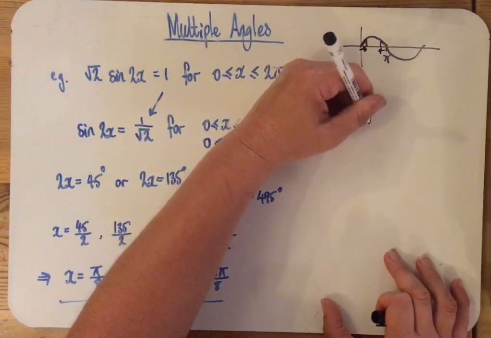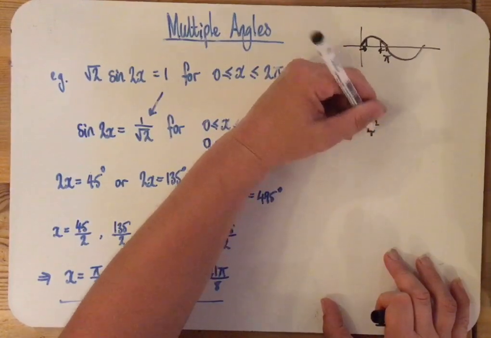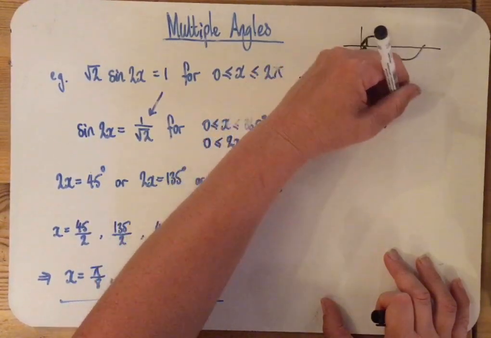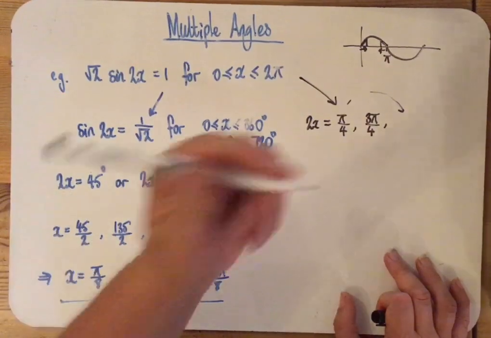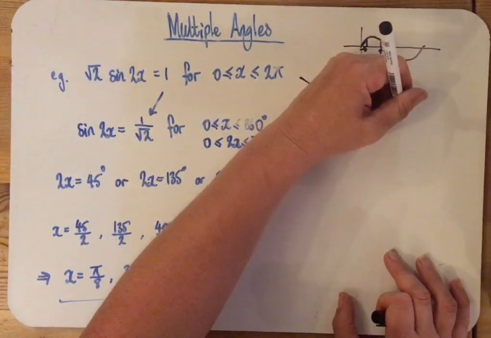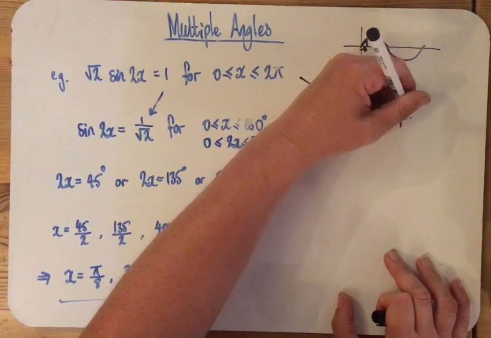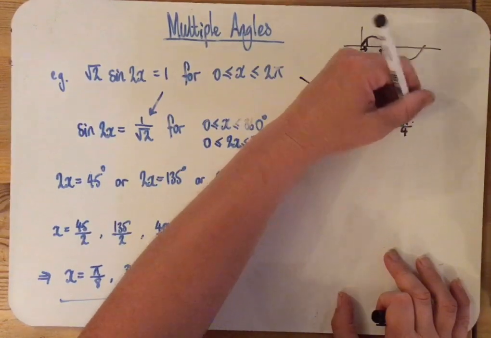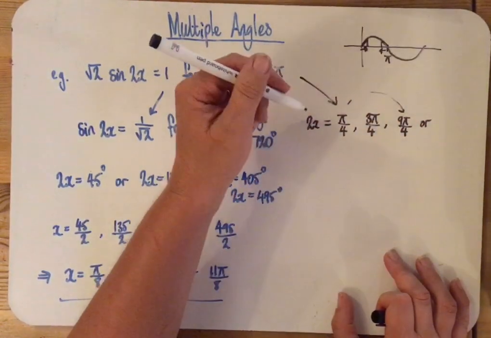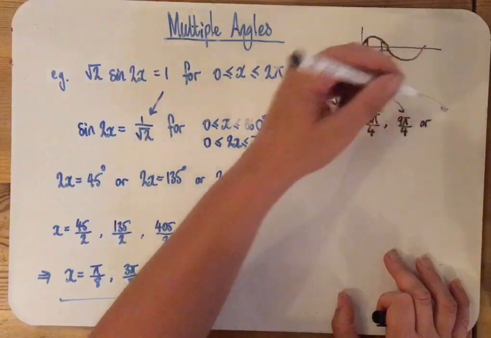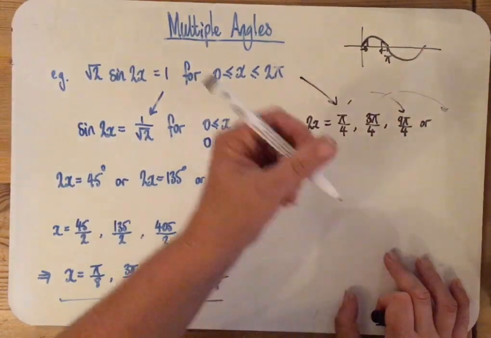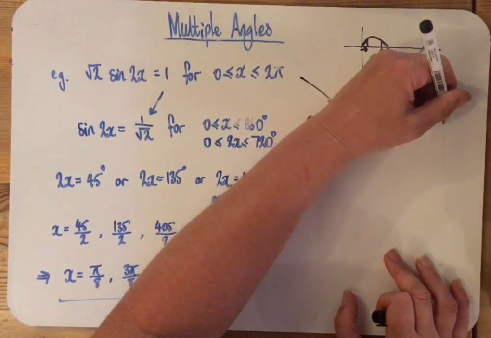So that will give me 3 pi by 4. And then to get to the next solution along, I'm adding 2 pi on, which gives me 9 pi by 4. And then adding 2 pi on to 3 pi by 4 gives me 11 pi by 4.